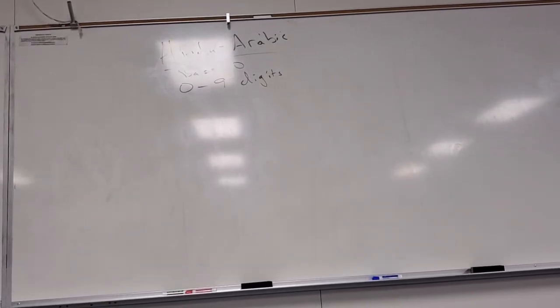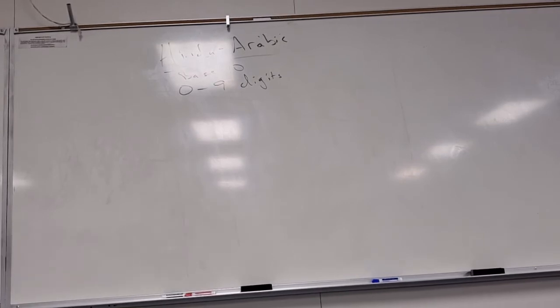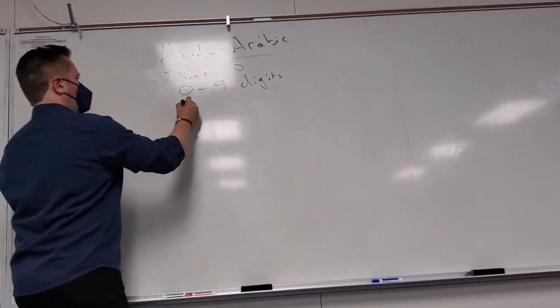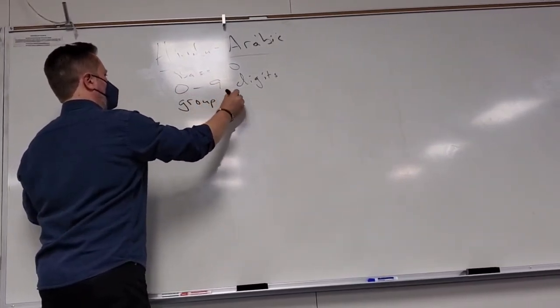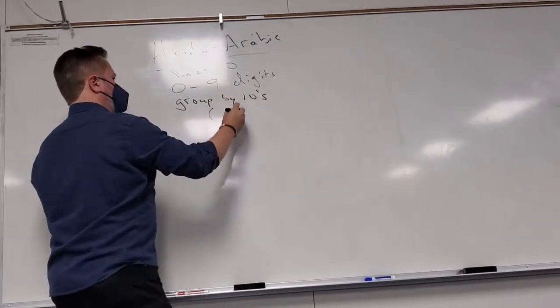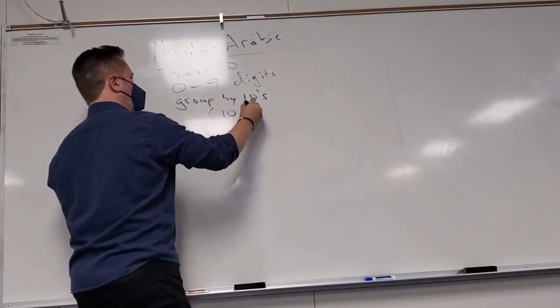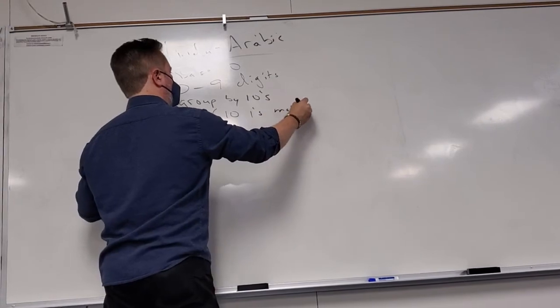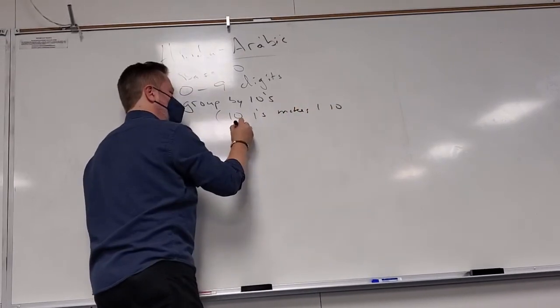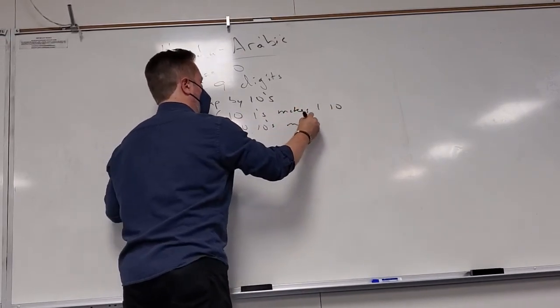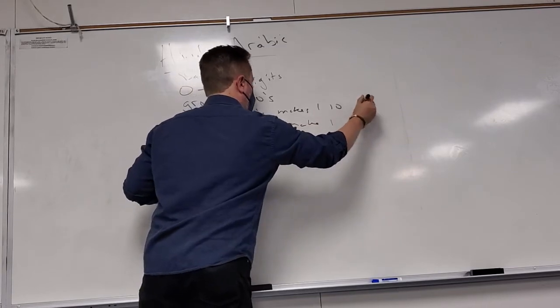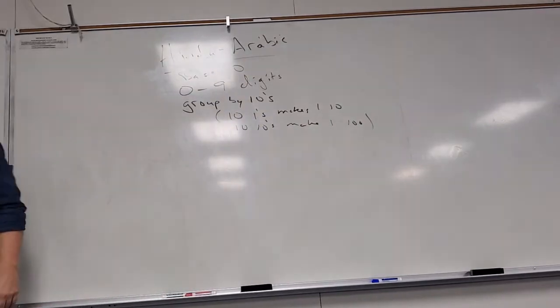Okay, I like it. We group things by tens, meaning 10 ones makes a 10, and 10 tens make 100. I mean, all right, basic stuff. We know this. But that's the idea.